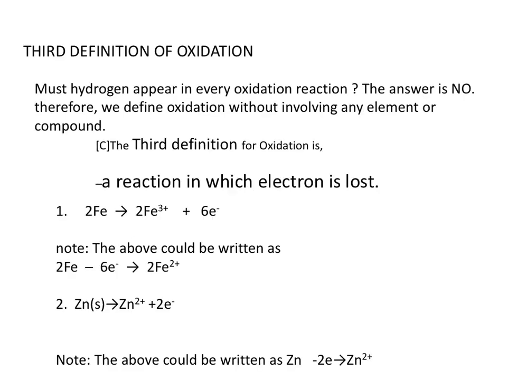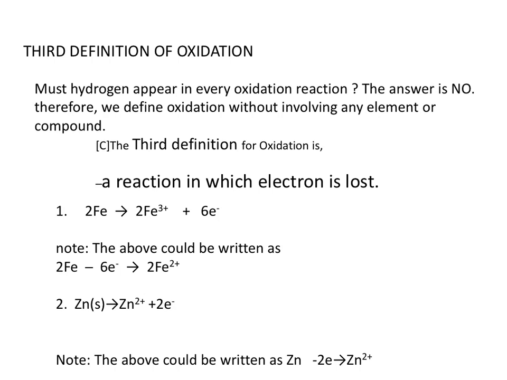Third definition of oxidation is a reaction in which electron is lost. You have 2Fe to give you 2Fe3+ plus 6 electrons.